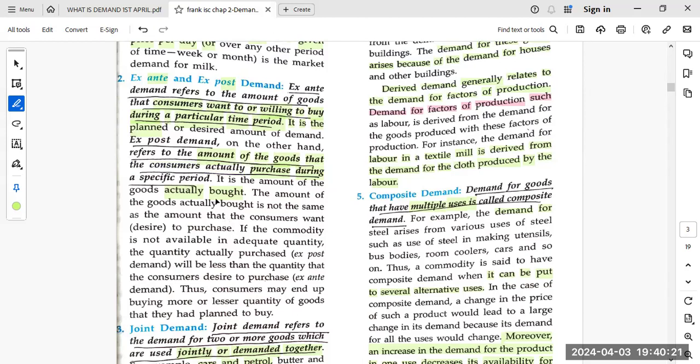So ante is just a plan and post is your actual action. So ex post demand is the amount of goods which are actually bought. The amount of goods actually bought may not be the same as the amount that the consumers desire to purchase.